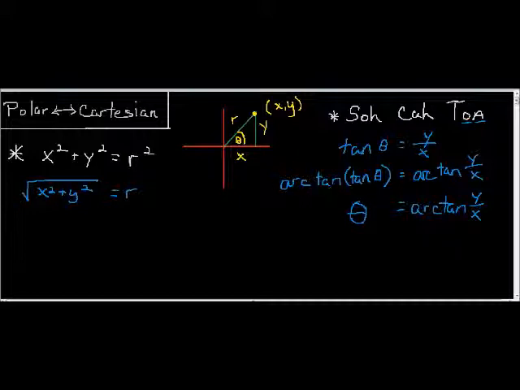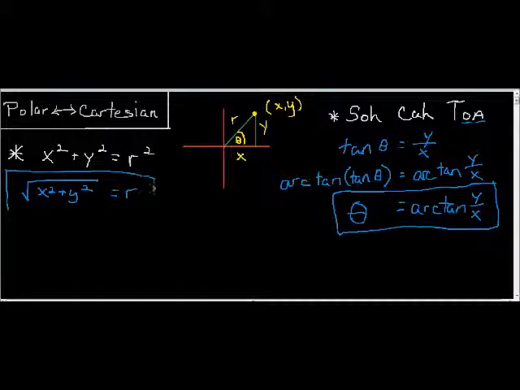We took the arctangent of both sides of the equation. So there you have it. If we were given y and x, our Cartesian coordinates, we could solve for theta. And in the same token, if we were given x and y, we can find out what r is.